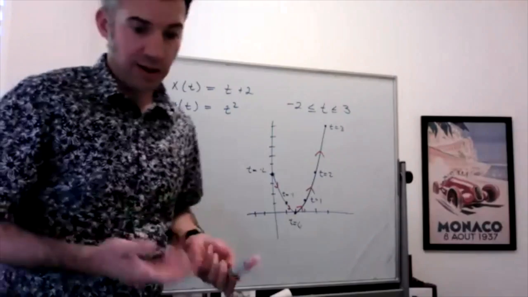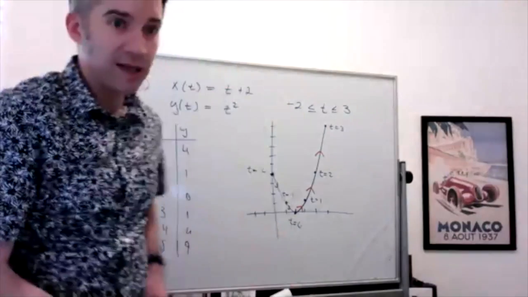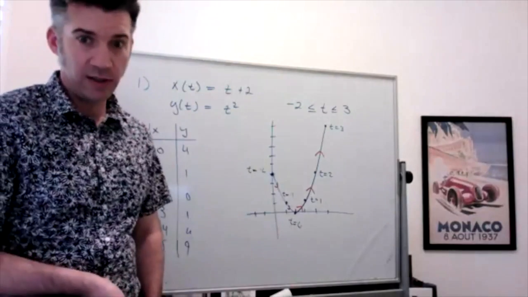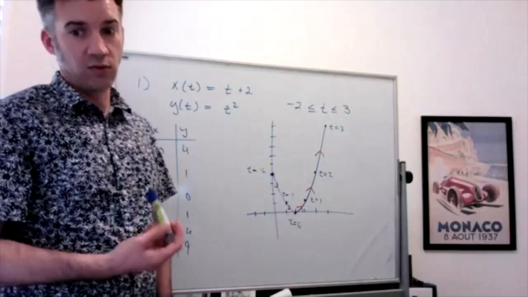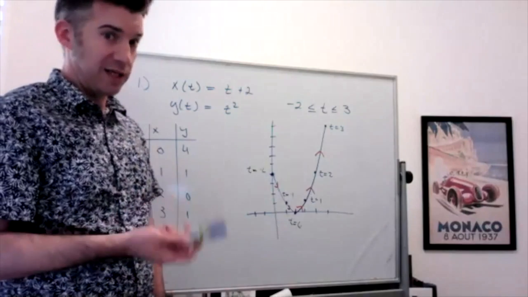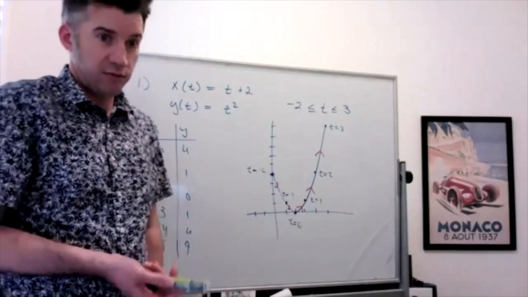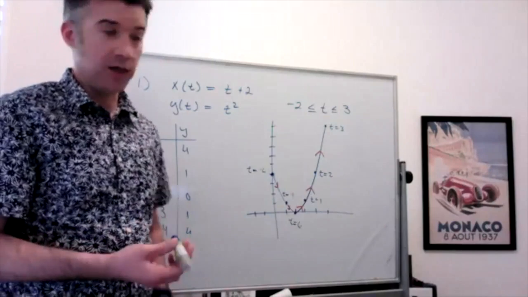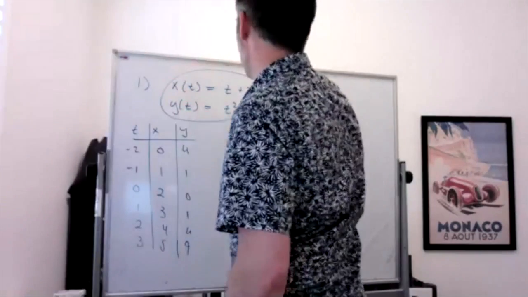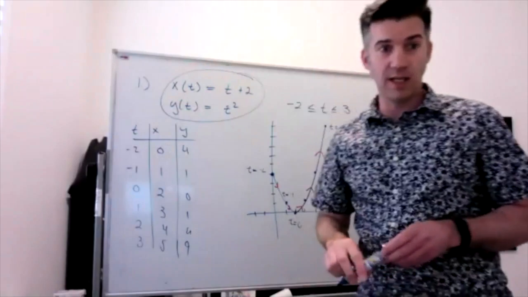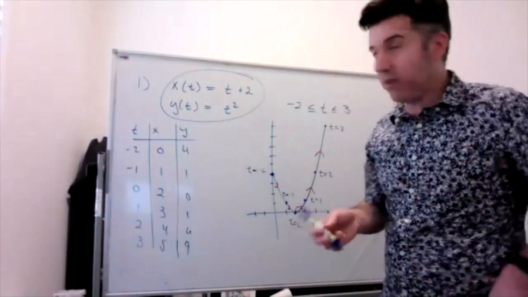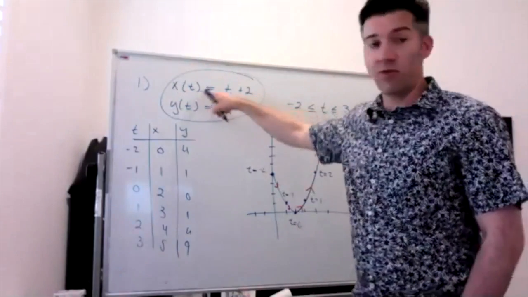Now, you might recognize it's pretty inconvenient to plot a bunch of points. So often what we do to graph the thing in the xy plane is to eliminate the parameter t and then find the corresponding xy equation. So we could totally, in this system here, solve for t, and usually you want to just pick the one that's easier to deal with. So I'm definitely going to isolate t in this first equation.